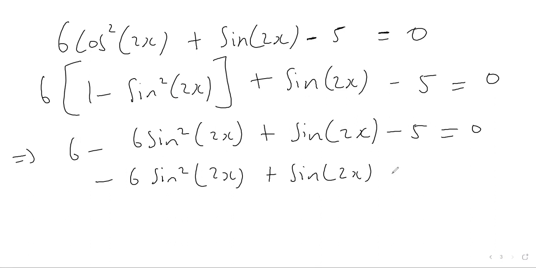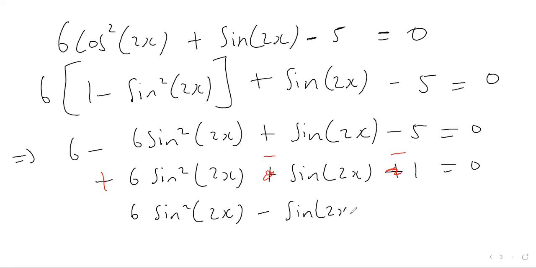And then 6 minus 5 gives me plus 1 equals 0. I can then just get everything to the other side of the equal sign. So literally just change the signs of all of these numbers here. So change that to a minus sign, change that to a minus sign, and change the first to a plus sign. And what that will do is give me 6 sine squared 2x, subtract sine 2x, take away 1, sorry, at the end there, minus 1, is equal to 0.